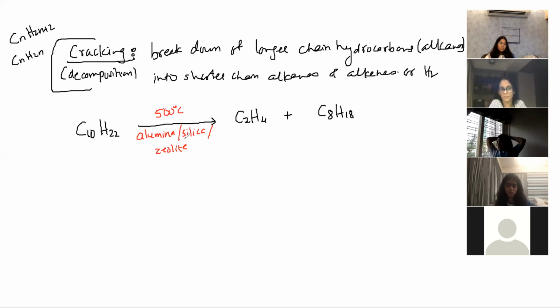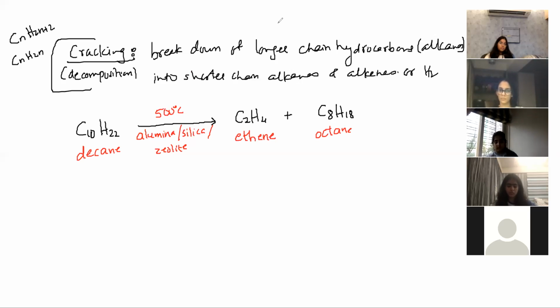Don't mention any name, anything is fine. Those are the reaction conditions. One product here is ethene. The other product is octane. And this one is decane. So decane is broken down into ethene and octane.